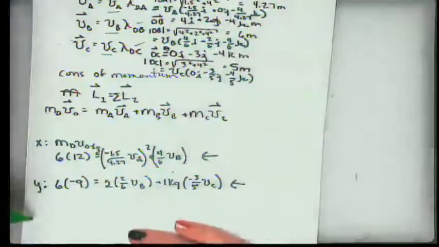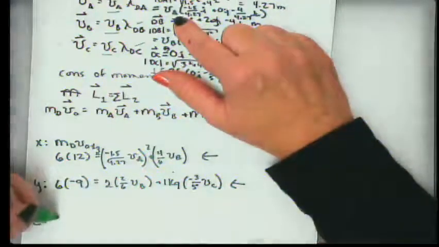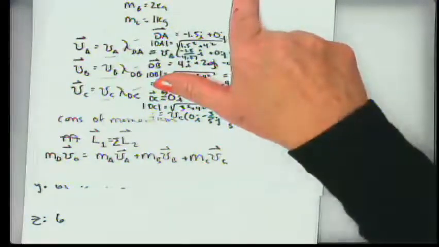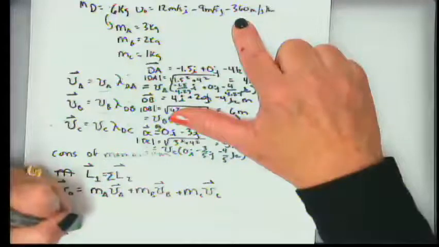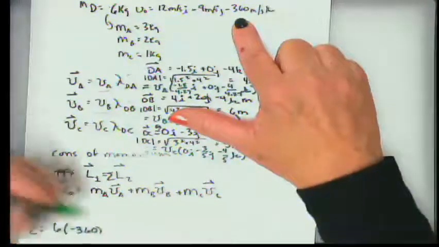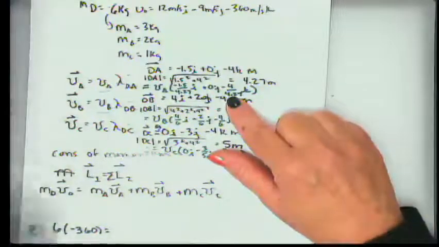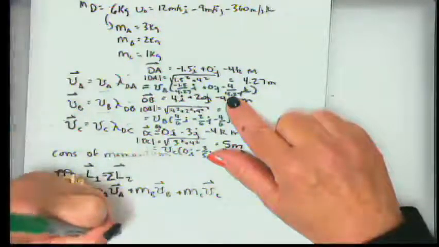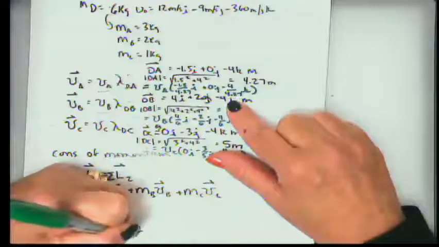All right. In the z direction, do the same thing. We take our mass of that original shell, 6 kilograms, and its velocity in the j direction is negative 360, and that's going to equal the mass of part A times the velocity component in the j direction.